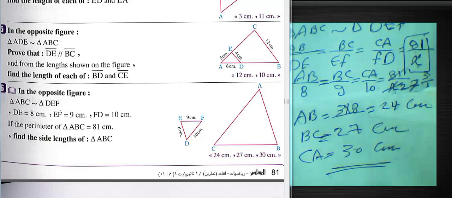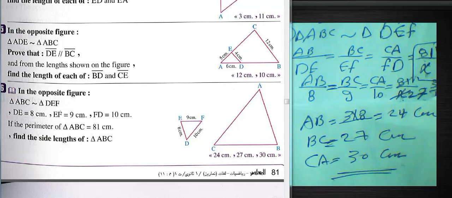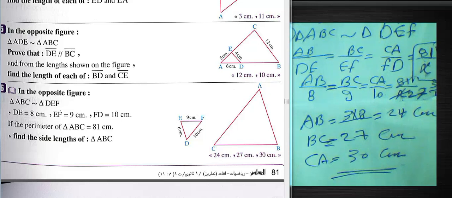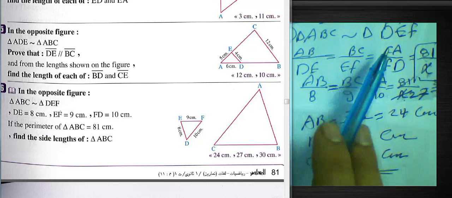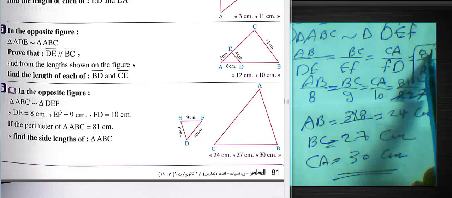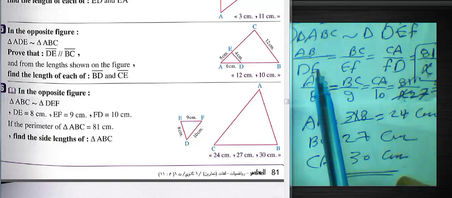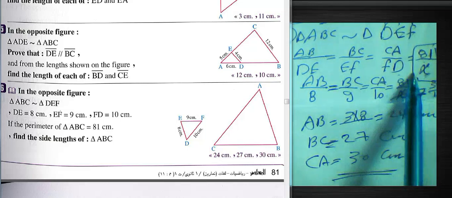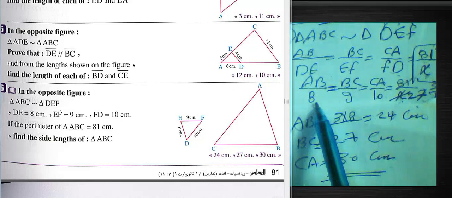Okay, you must know this method. Again, if the teacher gives you in the example the perimeter of one of two triangles, you must find the ratio between each corresponding sides, proportional 1, proportional 2, proportional 3, and then we can find the perimeter: AB plus BC plus CA over the perimeter of triangle DEF, DE plus EF plus FD equal x, will be 27, because 9 plus 8 plus 10 equals 27.